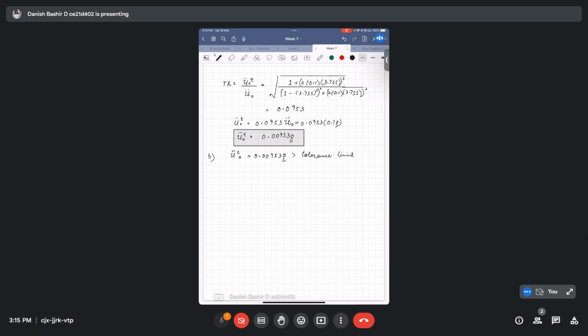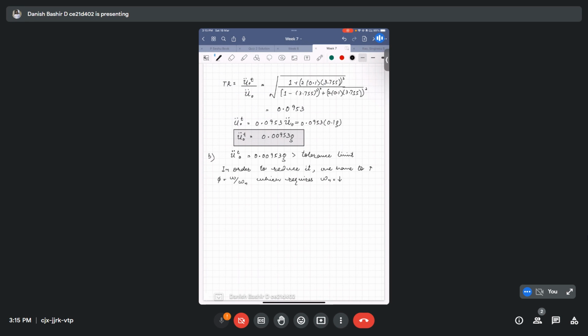So in order to reduce it, we have to increase the frequency ratio phi, where phi is equal to omega by omega n, which requires omega n to be reduced.